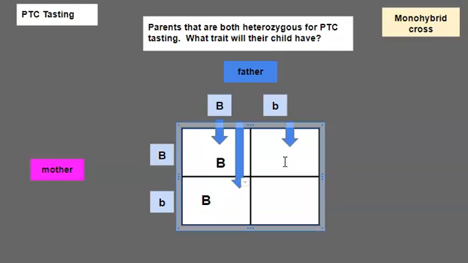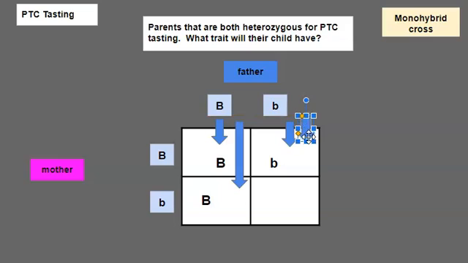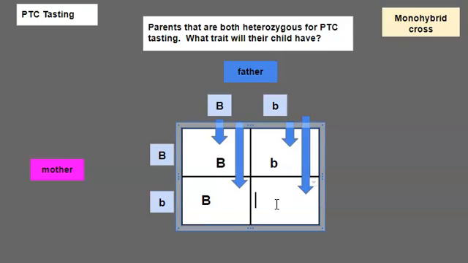It doesn't matter in the overall scheme of things, but it helps when you're trying to read it later. Alright, so in the next box over here for the father, he has a little b, and his little b allele will travel down here, and then let's put another arrow, and his little b allele will also travel down to the bottom box. Okay, so that's how I got the b's in those boxes.